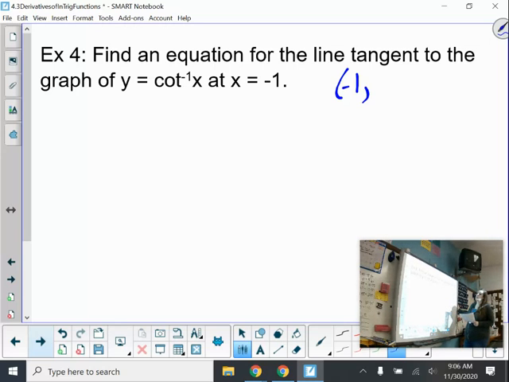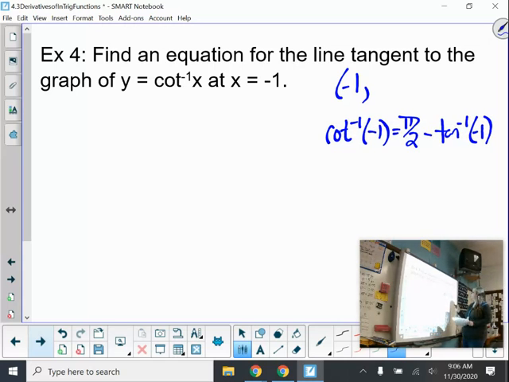And we can actually use that relationship to find this out. So if I'm finding the inverse cotangent of negative 1, that's pi over 2 minus the inverse tangent at negative 1.